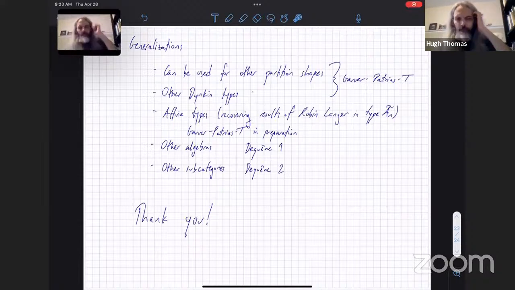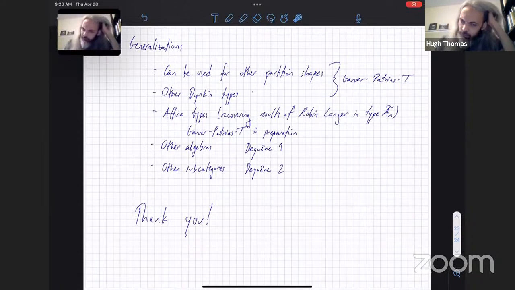I think we prove it independently. I mean, as I said, we have maps going in both directions. But our proof is inductive.